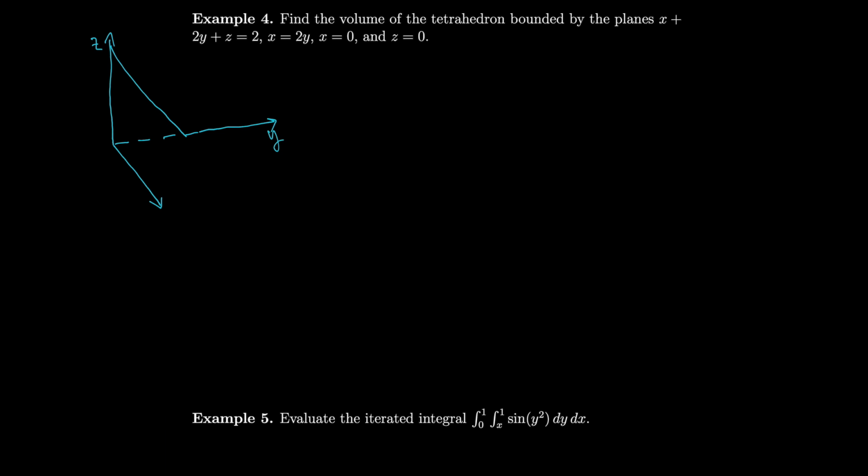Maybe I'll do it a little more over so I have a little more space. There we go. So this is at 0, 1, 0. And I want to try to make this a little bit 3D. I know this is going to intersect with my other plane, x equals 2y. x equals 2y is just a plane that, in the xy plane, is just a line, and then it cuts through diagonally straight up. So that's that plane. So in order to try to draw the intersection, how about I do it like this?